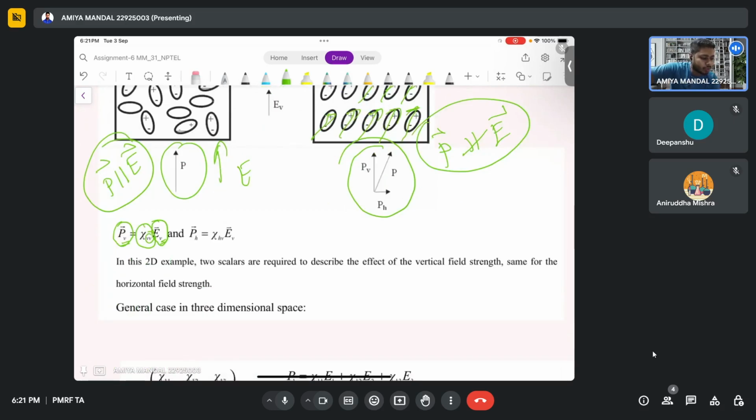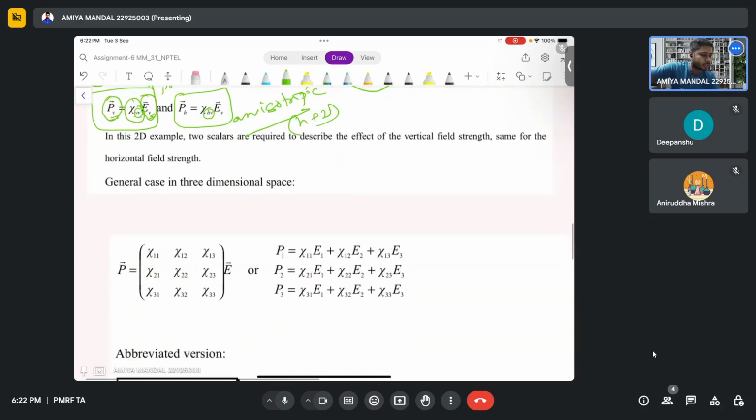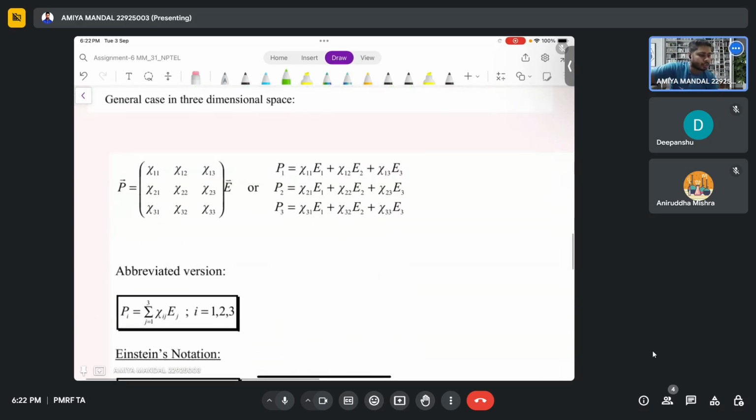The rank of chi will be nu into nu. Therefore, in these cases, for isotropic it is symmetric. This is the anisotropic case. So in these cases, H plus nu should be there, in two-dimensional cases. And in general, this is a second rank tensor.